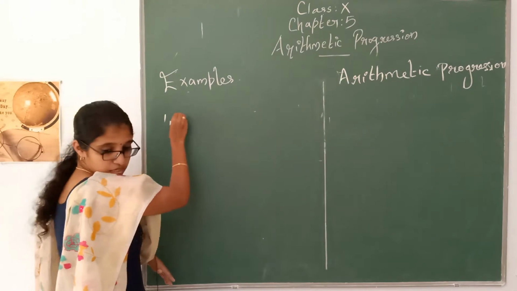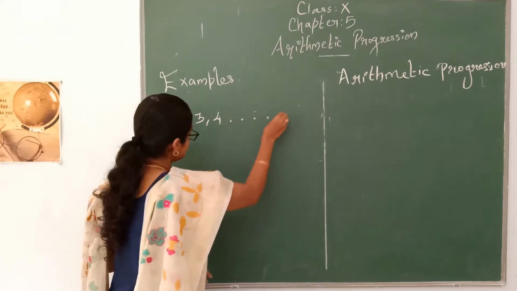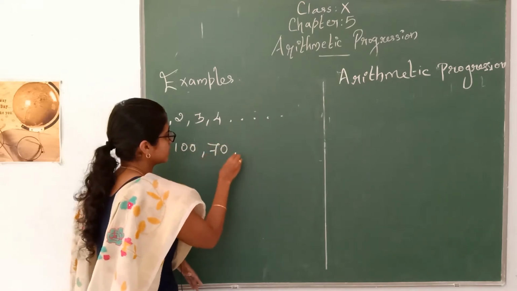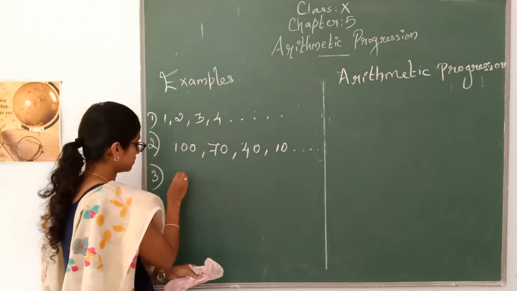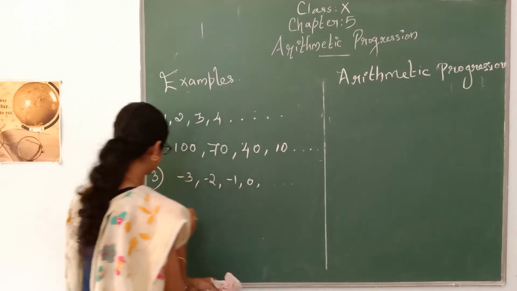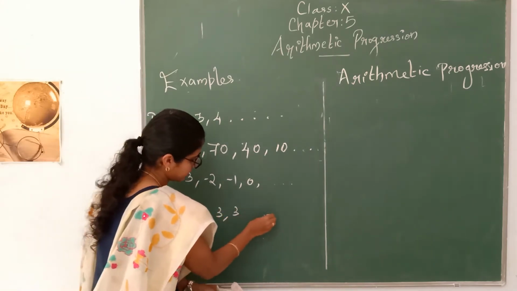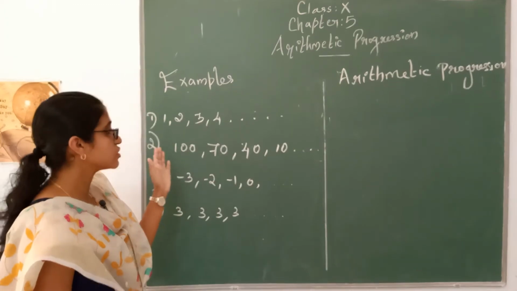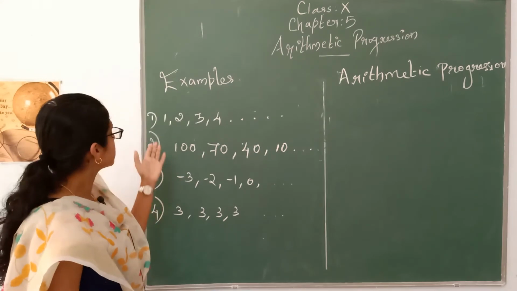Examples: first, 1, 2, 3, 4, etc. Second one, 100, 70, 40, 10, etc. Third one, -3, -2, -1, 0, etc. Fourth one, 3, 3, 3, 3, etc. All these examples are sequences because they have a definite rule, and it is also a pattern, so we can call it a progression.